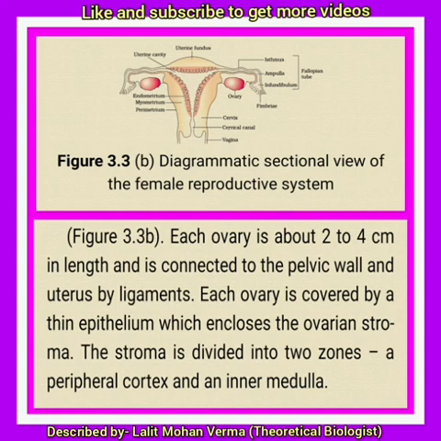Actually, it imparts the whitish color to the ovary. And the surface of the ovary is covered by germinal epithelium, which is formed of simple squamous or cuboidal epithelial cells.